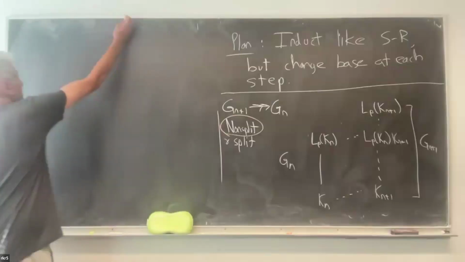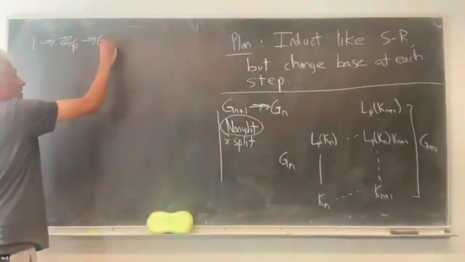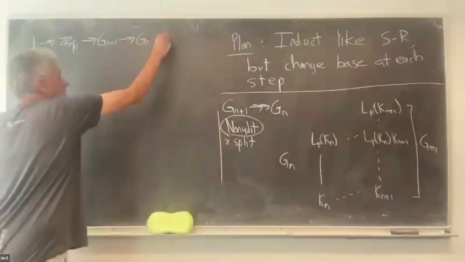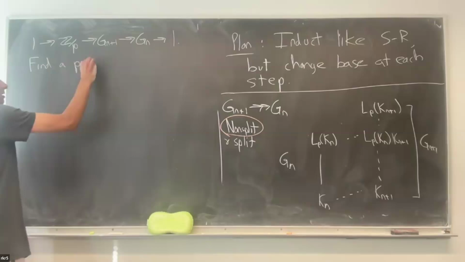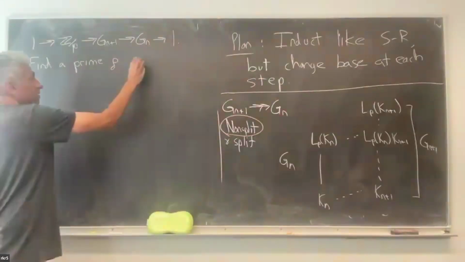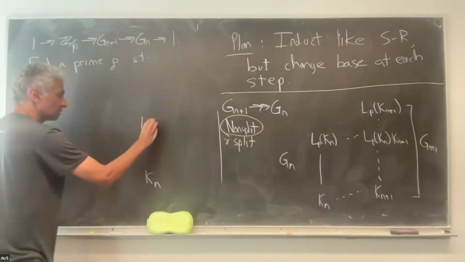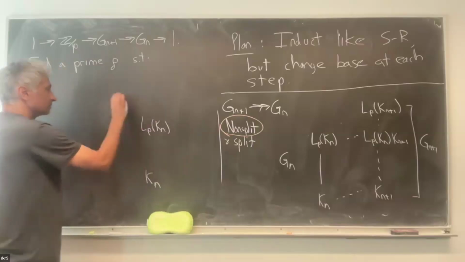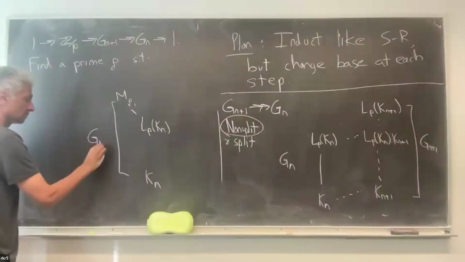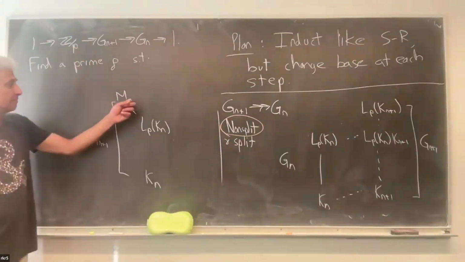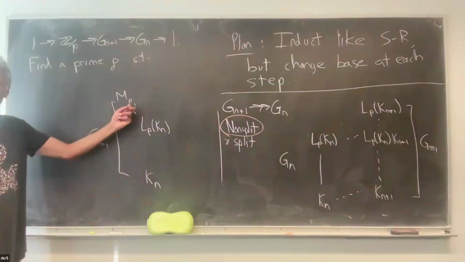So what I want to do is such that I get this Galois group if I allow ramification at this prime P1.